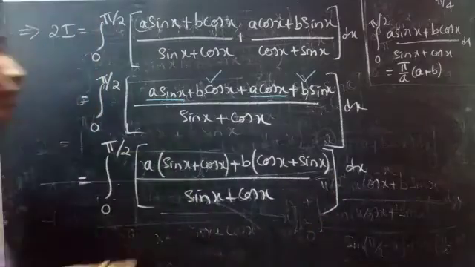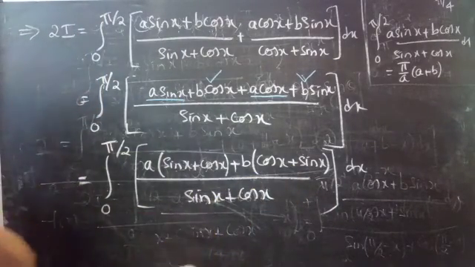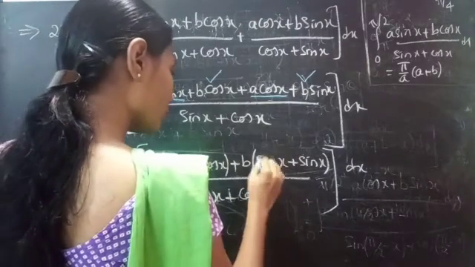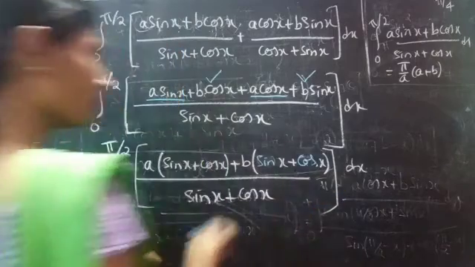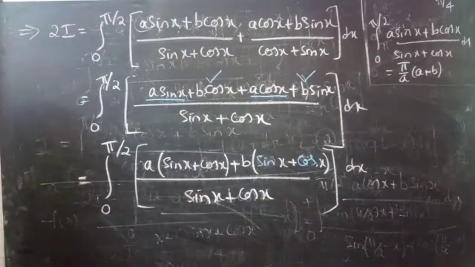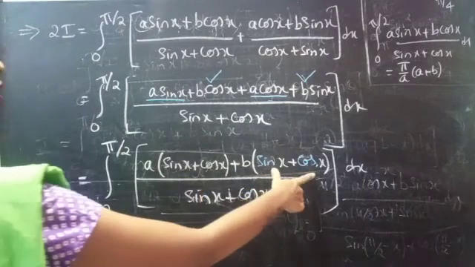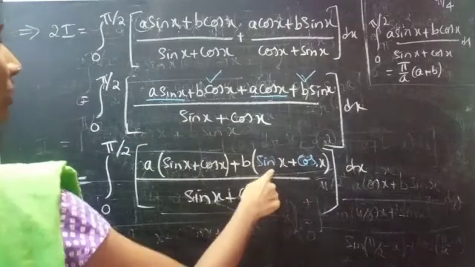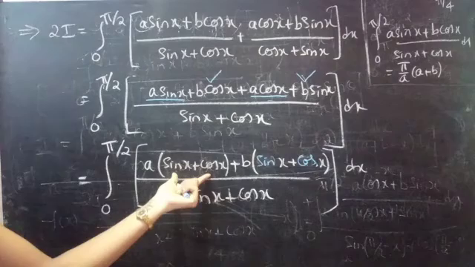Cos x plus sin x can also be written as sin x plus cos x. Here also you have sin x plus cos x, and here also you have sin x plus cos x. So in these two terms you have sin x plus cos x common.